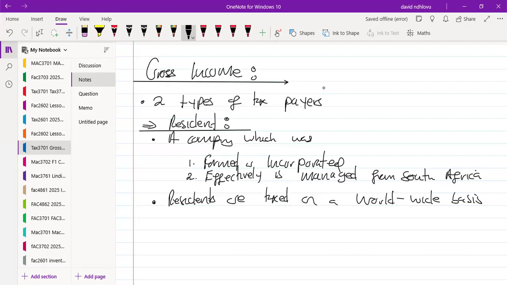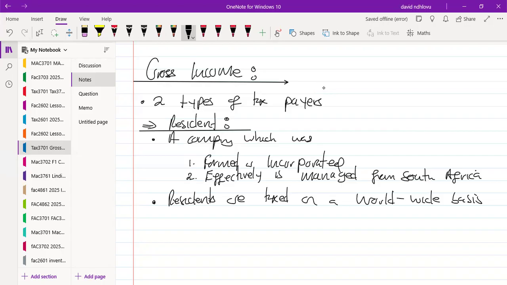If you are a resident of South Africa, you must pay taxation in South Africa, as long as you still carry the citizenship of the country. So you may be a citizen here, then you decide to go and do some work in the United Kingdom. Maybe you're consulting there. You earn a little bit of money while you are there. You are still within the reach of SARS. You should pay tax. You are still a resident. So as long as you are a resident, you pay on a worldwide basis.